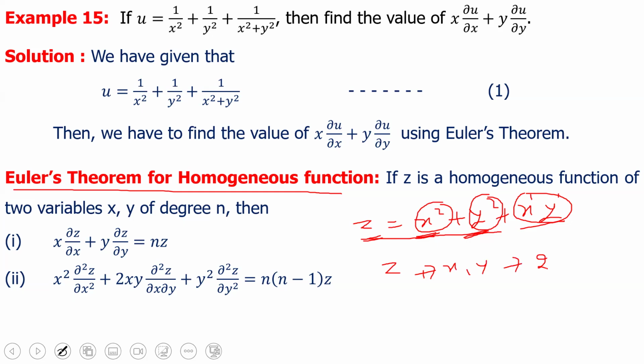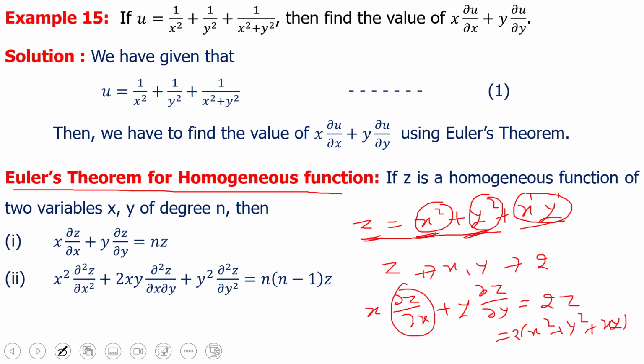So if you want to find the value of x del z del x plus y del z del y, this is nothing but 2 times z, or 2 times x square plus y square plus xy. Even without finding the partial derivatives of z with respect to x and y, we are able to say the value of this expression by using Euler's theorem. Okay, let us try to prove whether it is true or not.